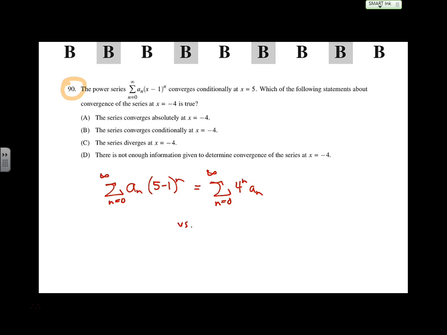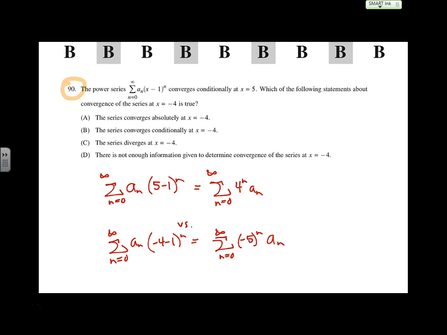We don't know if a sub n has an alternator. So the problem is if a sub n has an alternator, then the other alternator might cancel it out, right? Yeah. That's the dilemma.